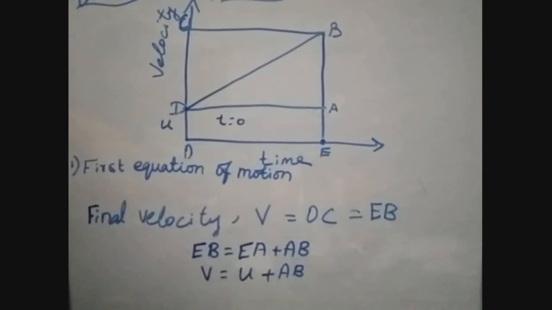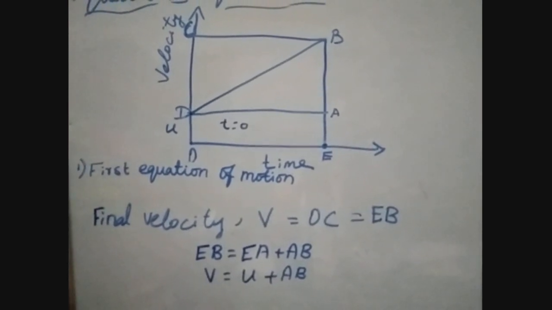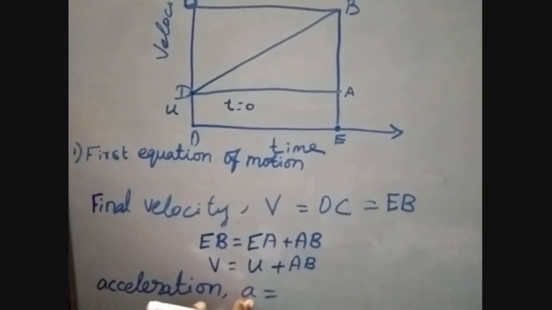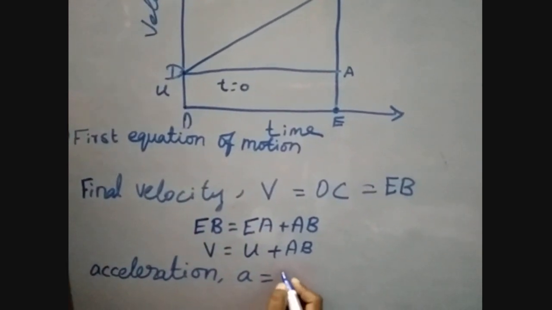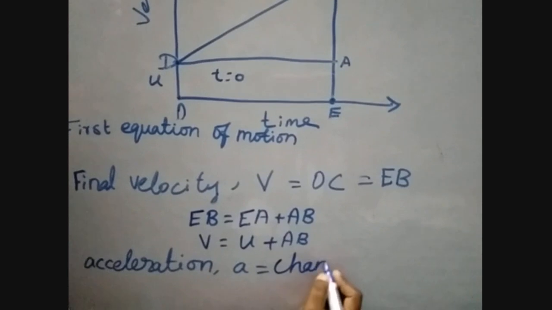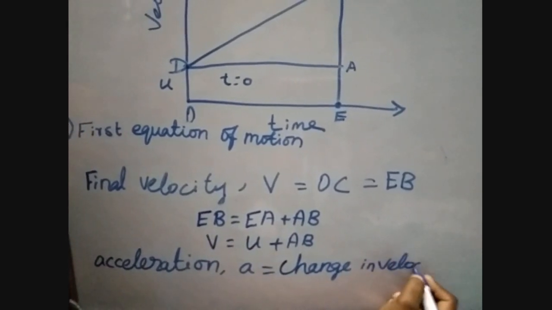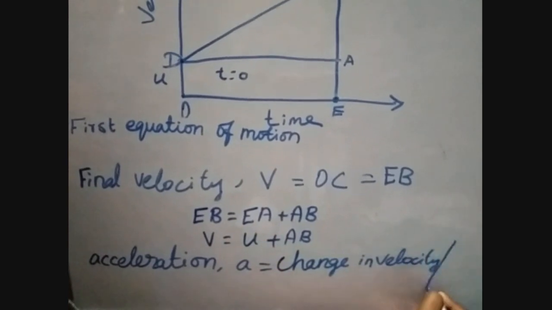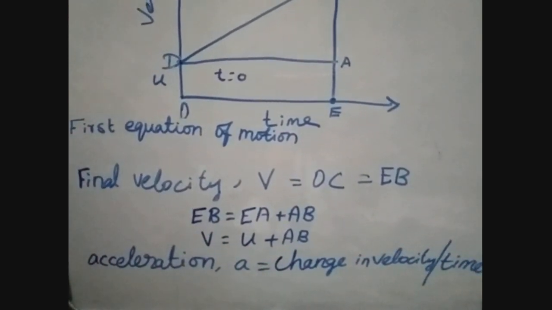So, take the formula for acceleration. Acceleration is represented by the letter a, and the formula is change in velocity divided by time. This is the formula. You memorize this formula.